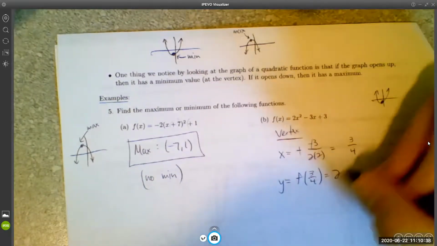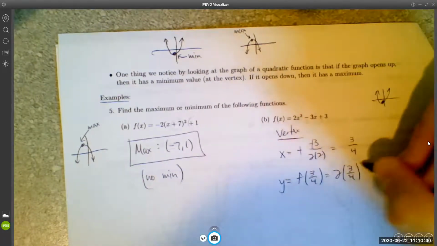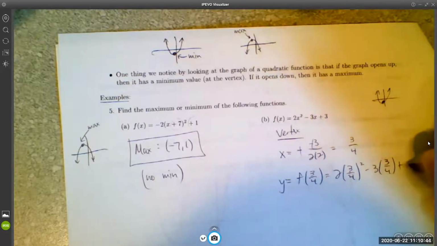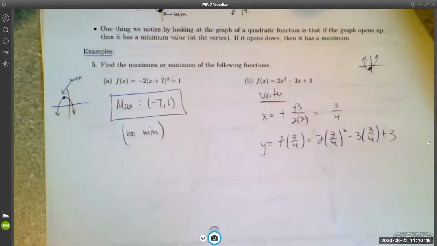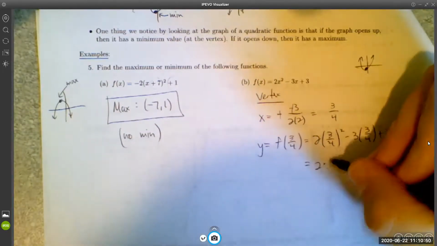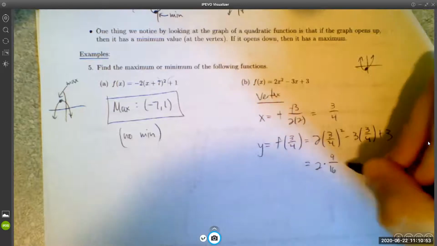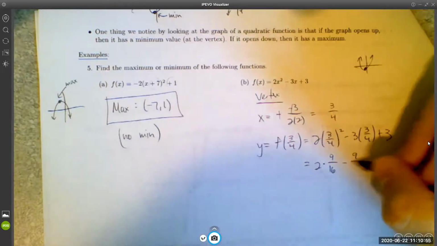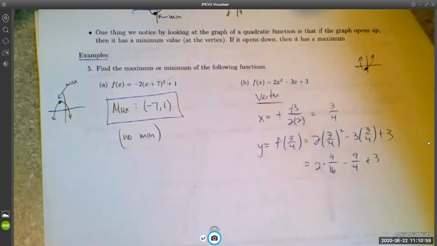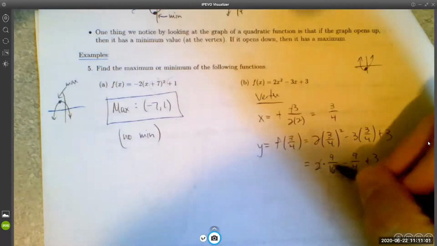I have a feeling this is going to get a little nasty. 4ths plus 3. So let's see. This is going to be 2 times 9/16 minus 9/4 plus 3. I can cross cancel the 2 here.